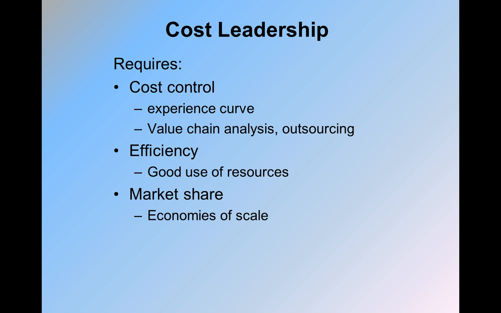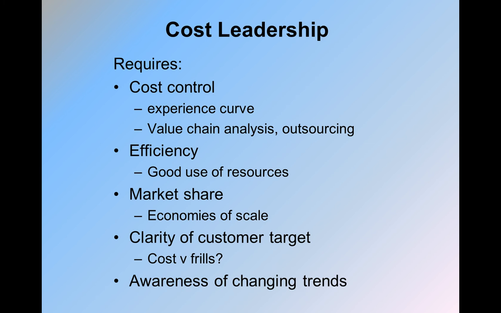It's also normally necessary to have a high market share in order to achieve the best economies of scale possible relative to your competitors. You must also clearly understand what your customers want. How far can you cut away the frills? At what point will you have cut the product or the service too close to the bone that your customers are no longer willing to buy it at any price?